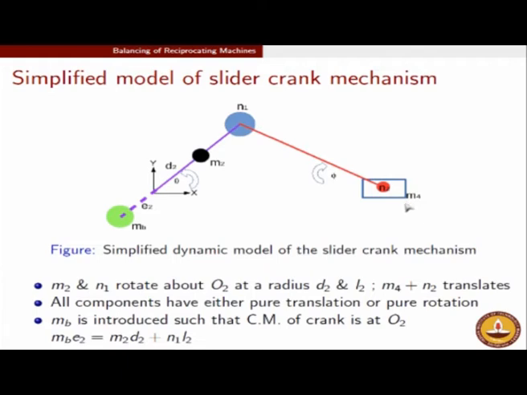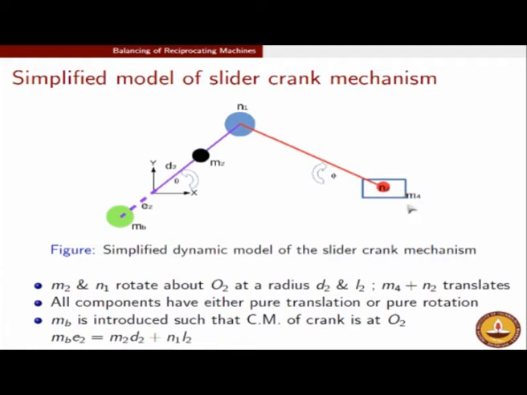So M4 x double dot is the inertia force of the piston. Similarly, N2 x double dot with a minus sign is the inertia force of the apportioned mass coming from the connecting rod to the piston. So what is the total inertia force?